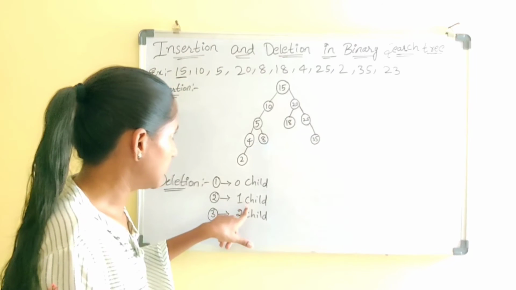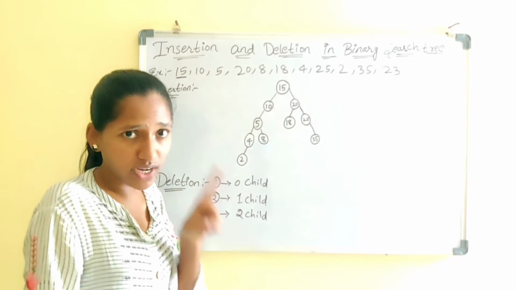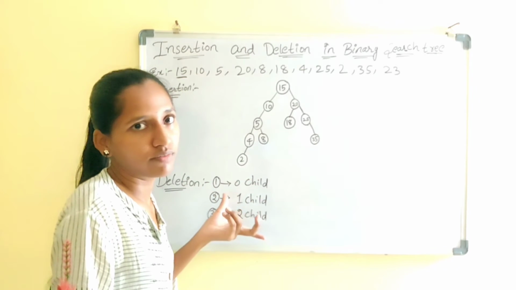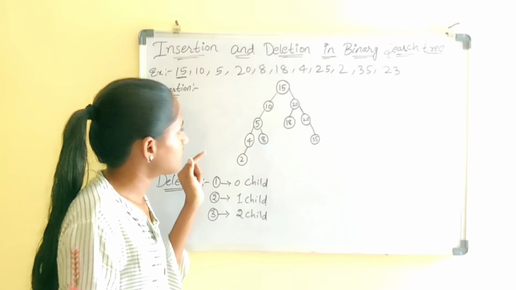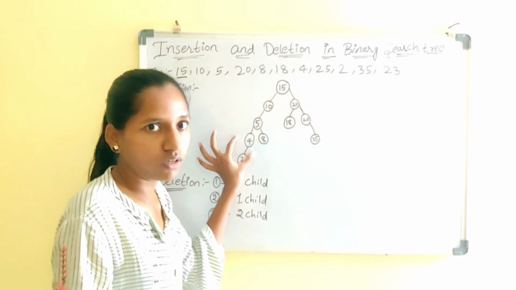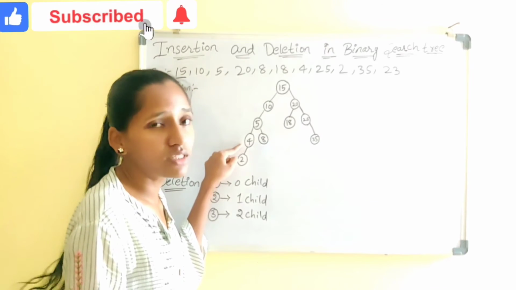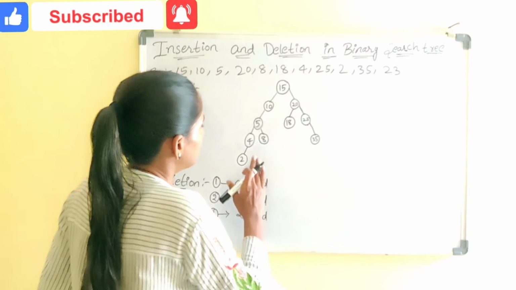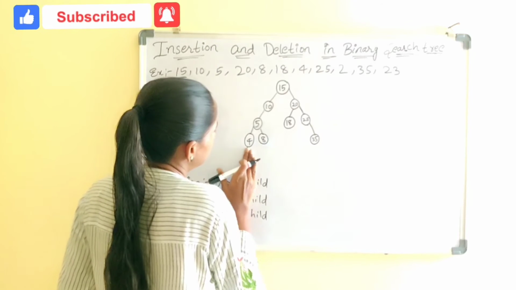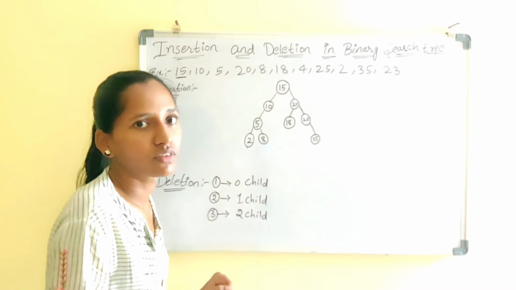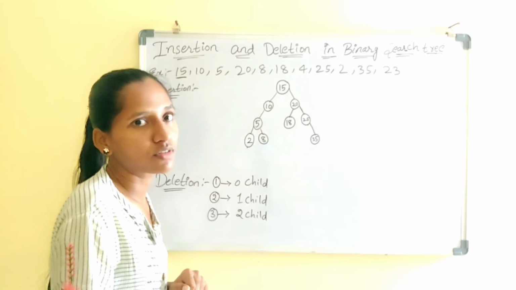If we have to delete a node having 1 child, then we have to replace that node. For example, if we have to delete 4, we have to replace this node with 2. Now here we replace 4 with 2, and this is the process.